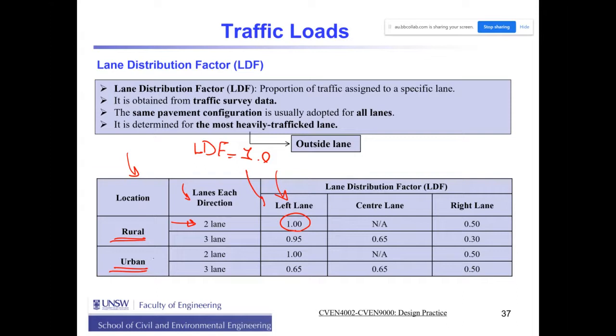If it's, for example, urban area and the road is a 3-lane, then we assume that 65% of heavy vehicles are passing through the curb lane. So therefore, the maximum value that you are considering for LDF in that case becomes 0.65.